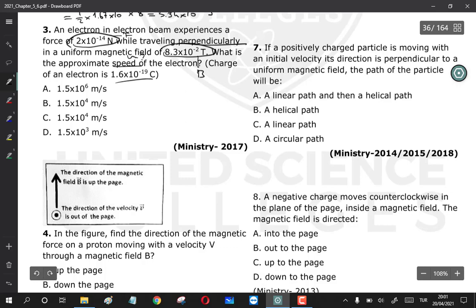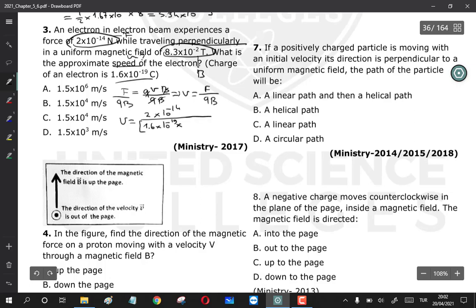Charge is also given. So again, we are going to use the equation for magnetic force because it's moving perpendicular to the magnetic field. So the equation is Q times V times B. So we will calculate V, simplify by dividing by Q and B. So V is equal to force divided by Q times B. So speed is equal to force, given as 2 times 10 to the power of negative 14, divided by Q, charge of an electron, 1.6 times 10 to the power of negative 19.